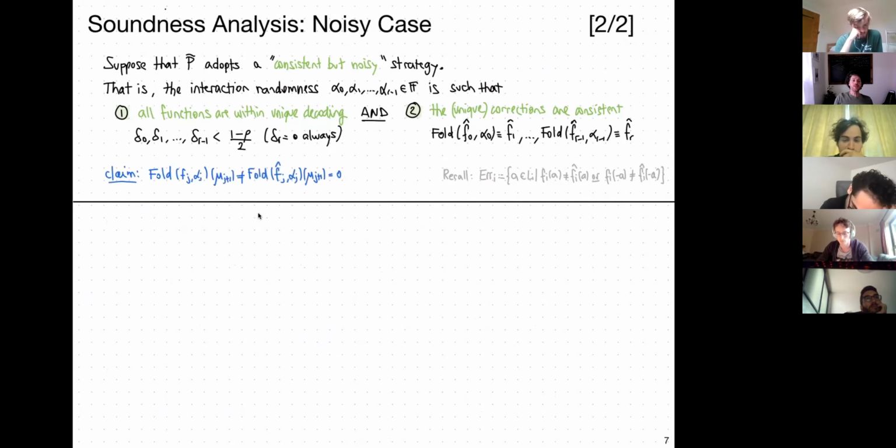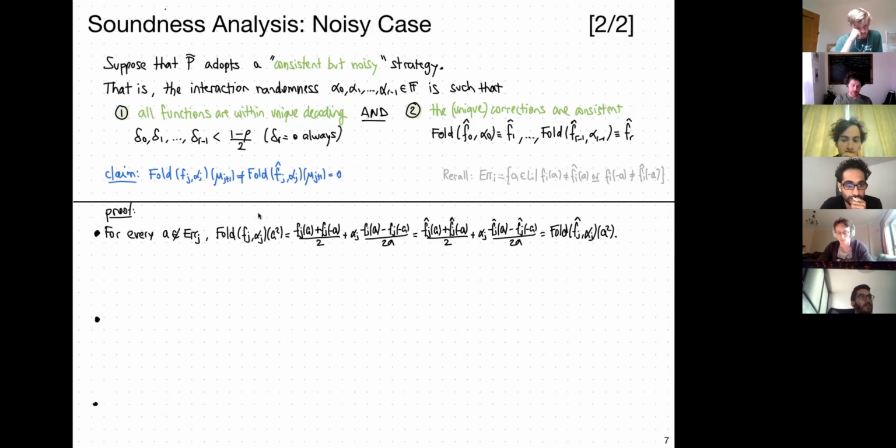Okay, so we reduce the problem to just proving this claim here. So let's do that. The proof follows by 3 easy steps. The first step is just a small observation. Suppose that we have an element that is not in the error set.